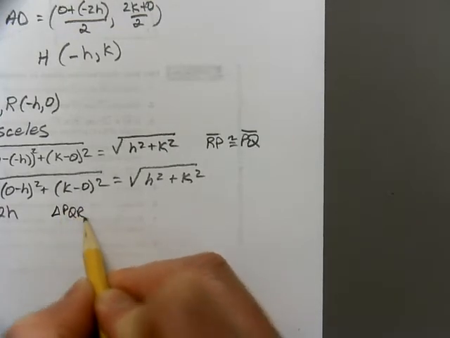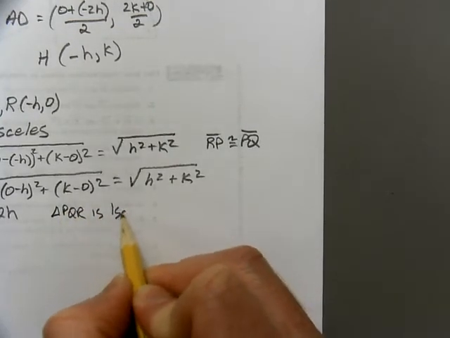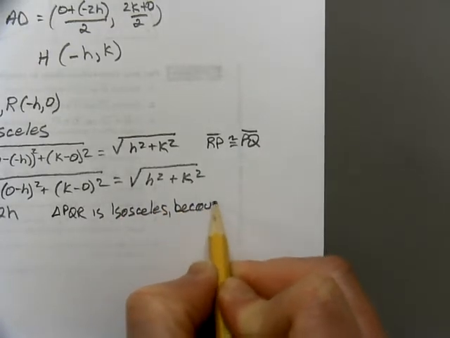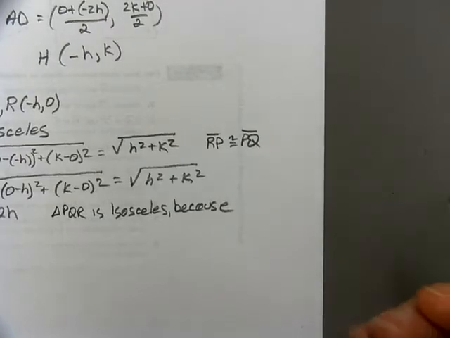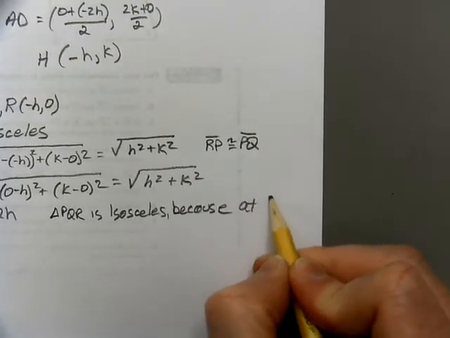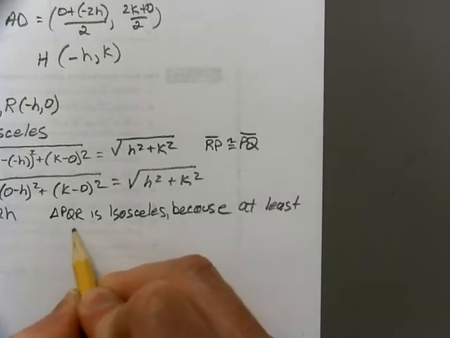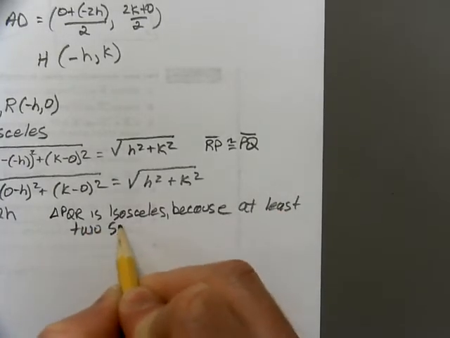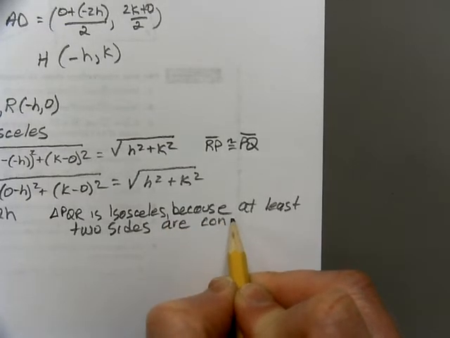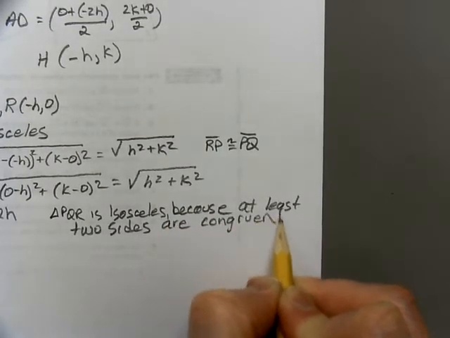Triangle PQR is isosceles because, you want to give your answer, because at least two sides are congruent.